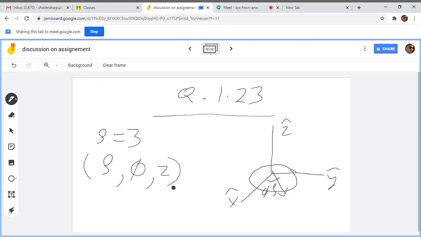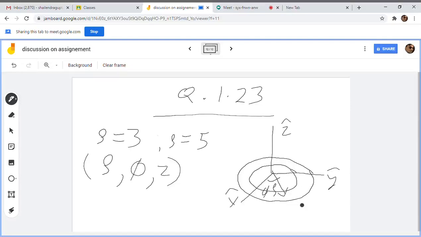Then you have got another surface that is also of similar nature. It says that rho is equal to 5. So what will rho equal to 5 be? A surface, a cylinder which has a larger radial dimension. So we can say that this would be the surface. Okay, the inner part has rho is equal to 3 and the outer part is rho is equal to 5. The radial dimension distance.